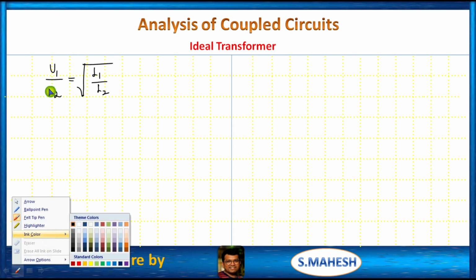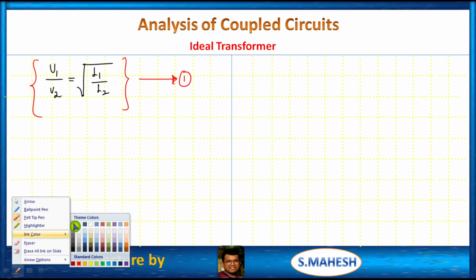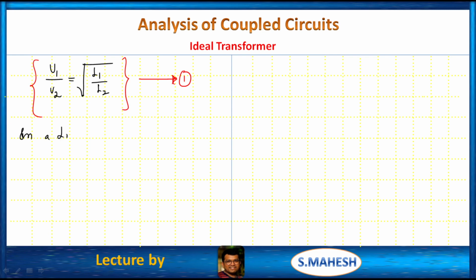So from this analysis we have this, right? Let us say this is equation 1. Next, in a linear circuit, you all know that L1 by L2 is equal to N1 by N2 whole squared, and N1 by N2 is equal to square root of L1 by L2.